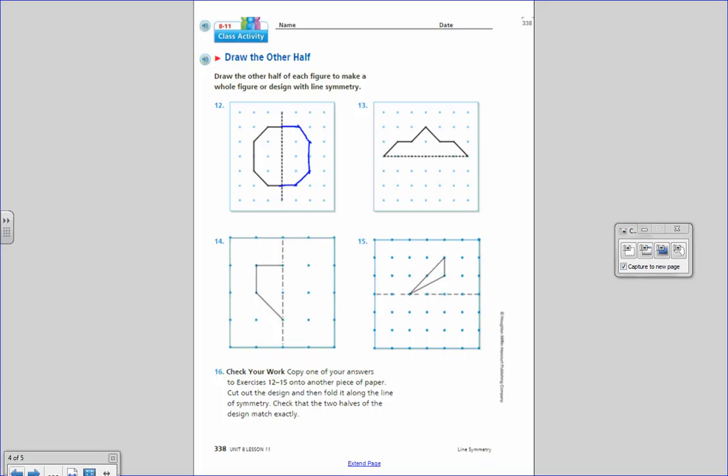So you want it to look almost perfect, though it's not perfect because, of course, I'm using a smartboard. Smartboards are not very nice sometimes. But you want to look at what the other side looks like and make it look exactly like it would look on that side.